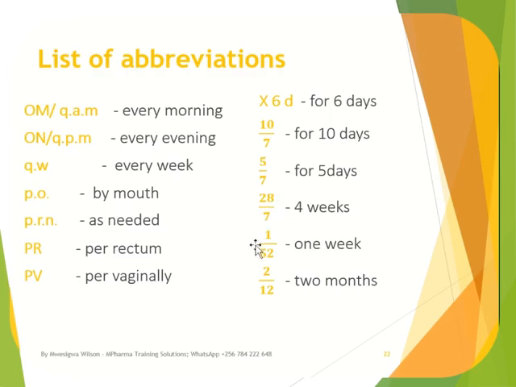So 1/52, we know how many weeks in a year? 52 weeks. So that is 1 week. If you see 2/52, those are 2 weeks. 2/12, we know how many months are in a year. There are 12 months. So if you see 1/12, that is 1 month.